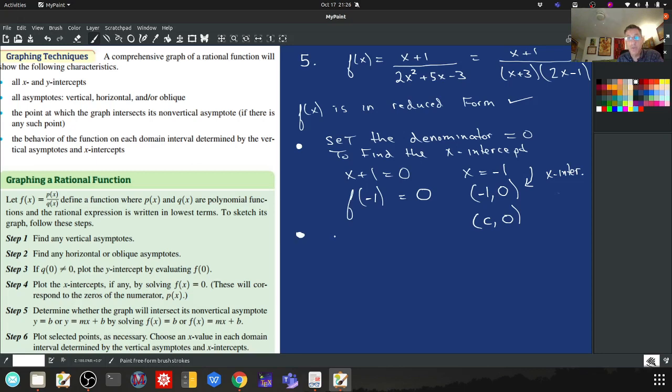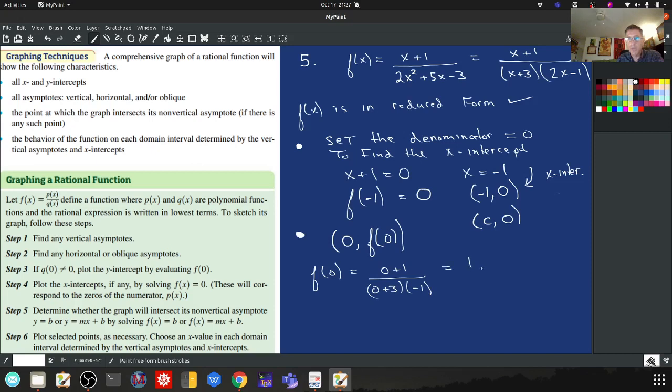So now let's do the Y-intercept. The Y-intercept is found by evaluating f of 0, and it's the point 0, f of 0. So f of 0 is equal to 0 plus 1 over 0 plus 3, 2 times 0 is 0, so minus 1.